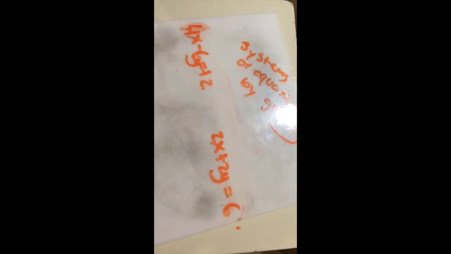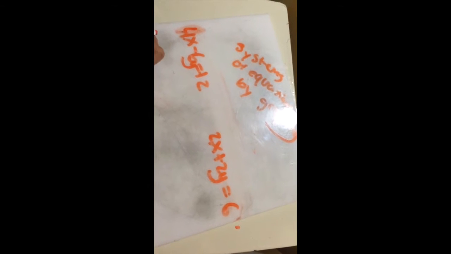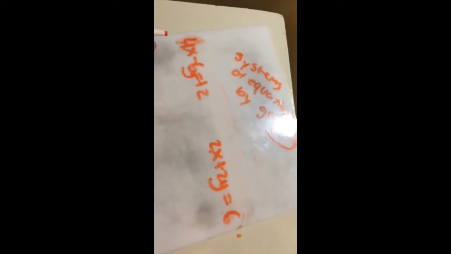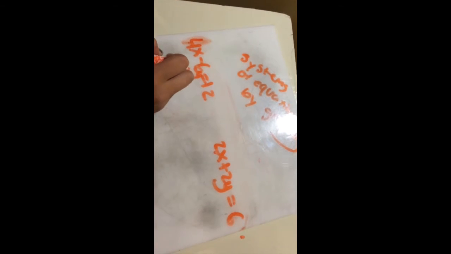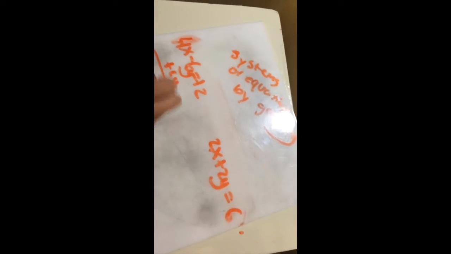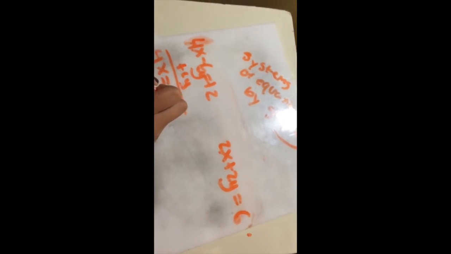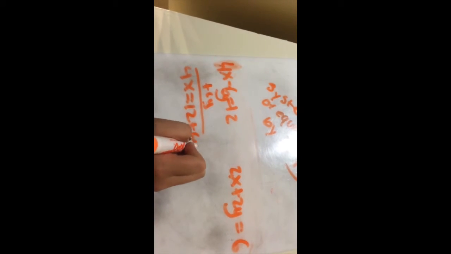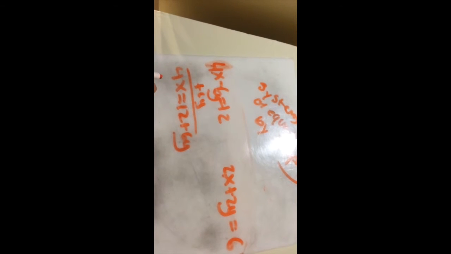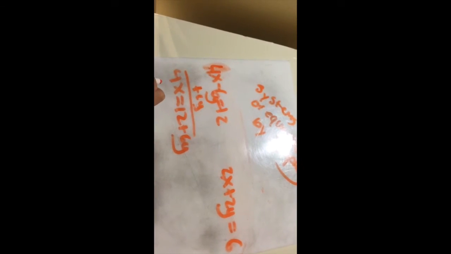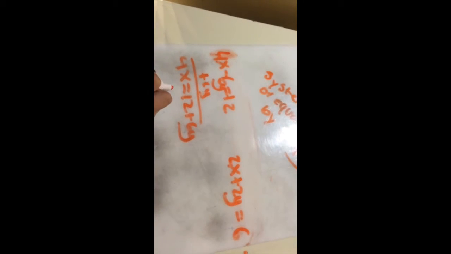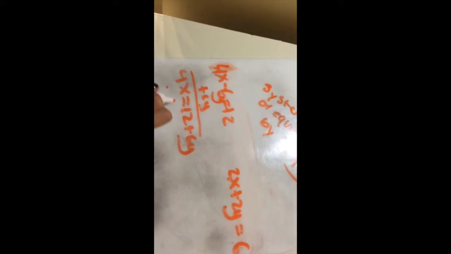So in the first problem, to get y by itself, to get rid of the negative, you can add 6y. Then it becomes 4x equals 6y plus 12. And then, since it's 6y, you could divide by 6. Oh, wait, just kidding.